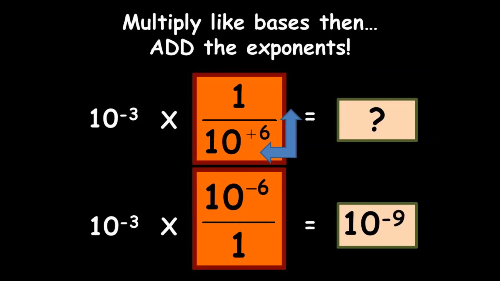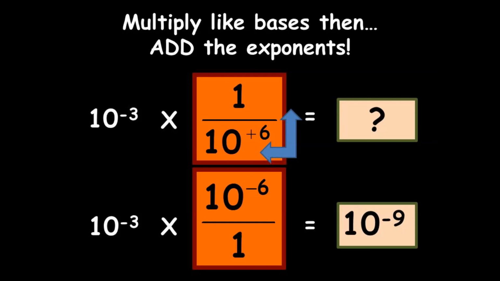So 10 to the negative 3 times 10 to the negative 6, applying the rule, would be negative 3 plus negative 6, which is negative 9. Now, you can actually do that on your calculator. You could put in second EE negative 3 times second EE negative 6, hit equals, and it will be EE negative 9.